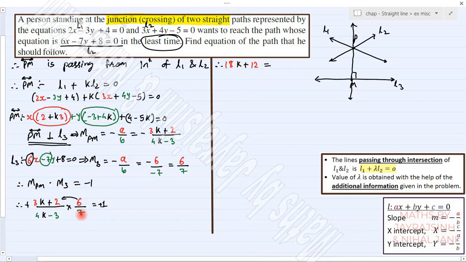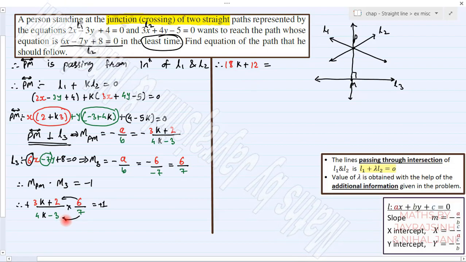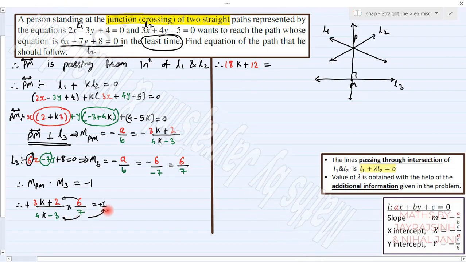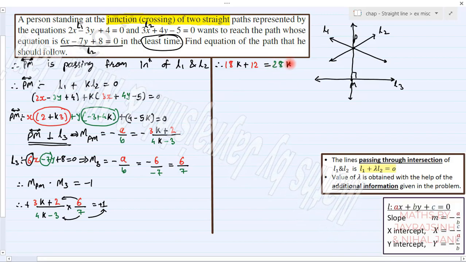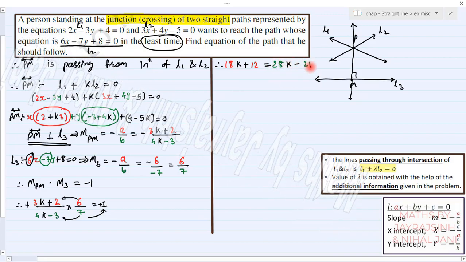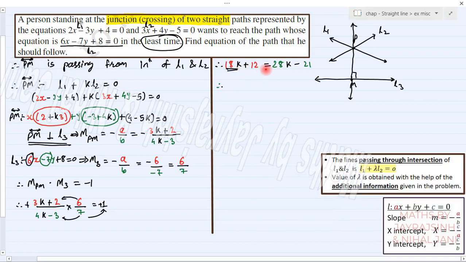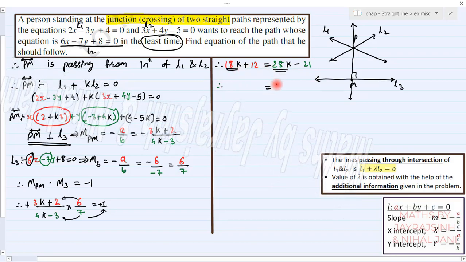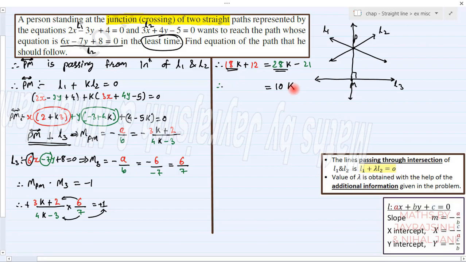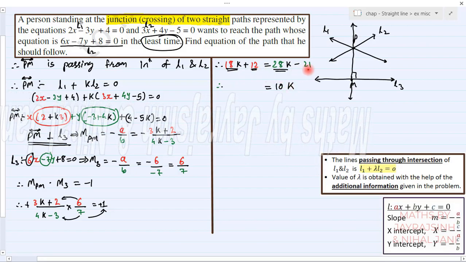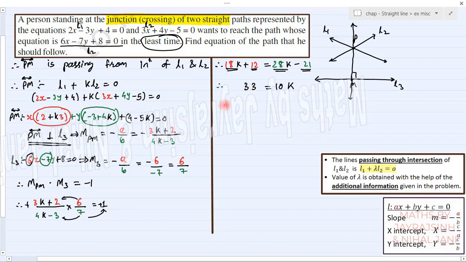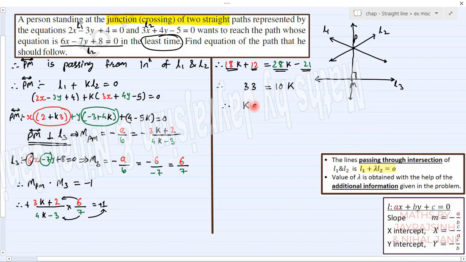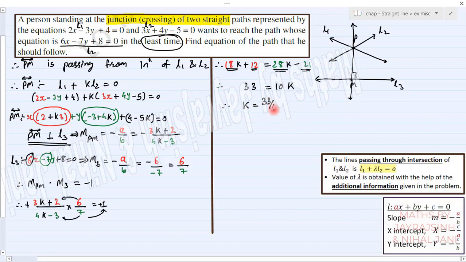And we have to multiply 7 with 4K minus 3, and it should move on the right side. So we will get 28K minus 21. Now, let's collect the terms of K on the right side. We will get 10K, and 12 plus 21 will be 33. So here we'll get K is equal to 33 by 10.